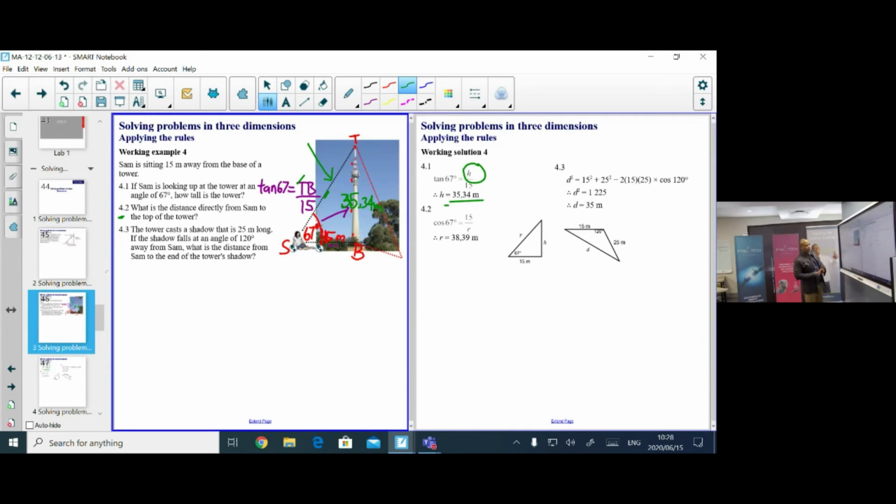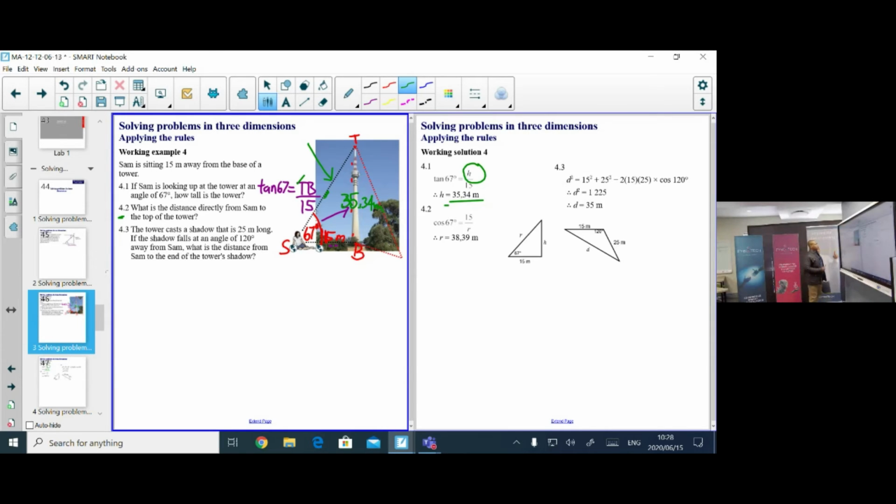But usually in a situation like this, the best option is to use the numbers that are provided in the question. So let's say we had made a mistake in finding our TB or H, which was 35.34. It would be safe not to use it for another question because we would multiply that error in another question.